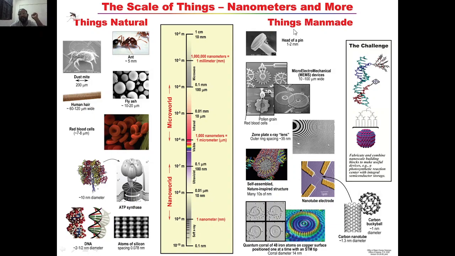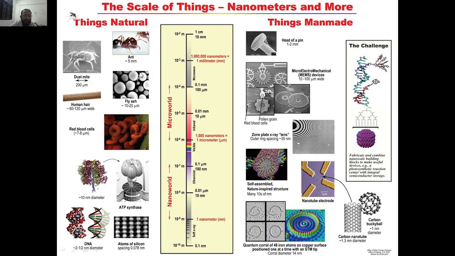Among the man-made things, as tiny as an ant, we have the head of a pin, which is around 1 to 2 millimeter. Then compared to the dust mite at around 200 micrometer, we have the micro electromechanical system among the man-made things, at around 10 to 100 micrometer.